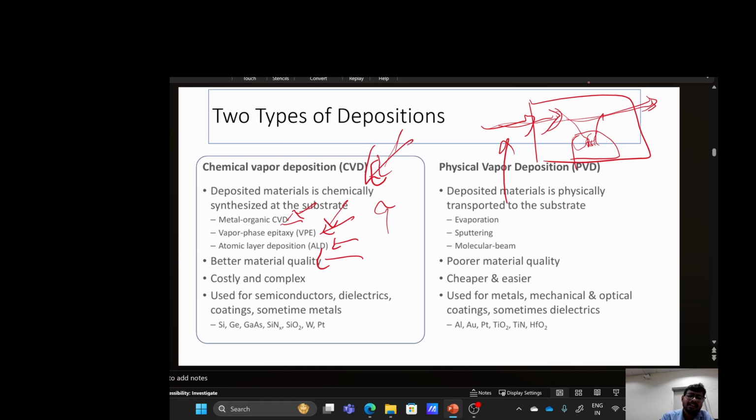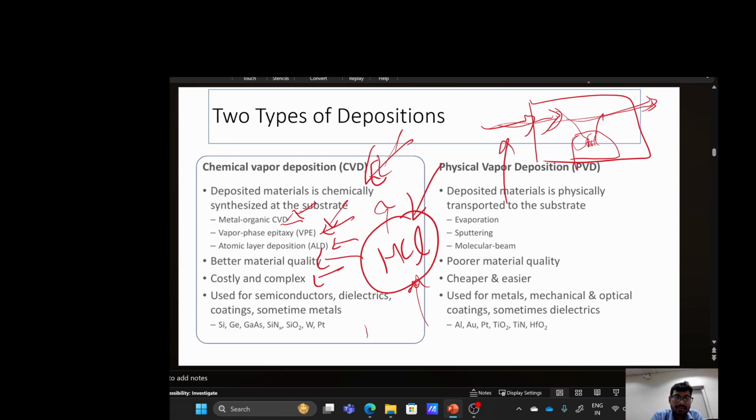But it is costly and complex, because the precursors we use for CVD are volatile, pyrophoric, and the byproducts are HCl or something, which should be treated before leaving to the environment. They are hazardous to the environment as well as our health.